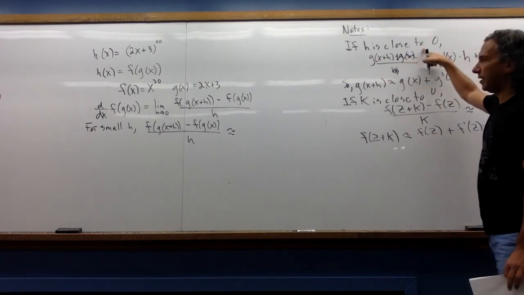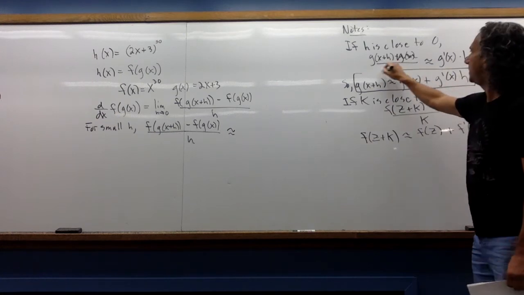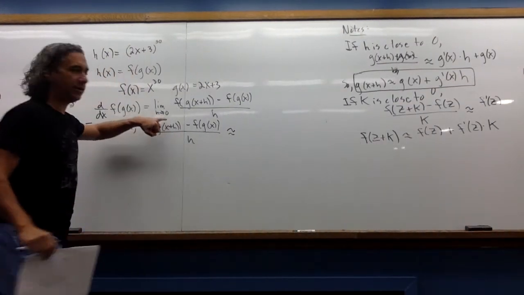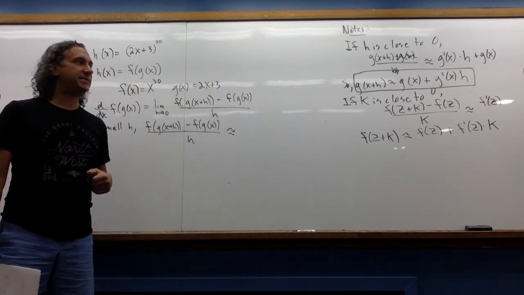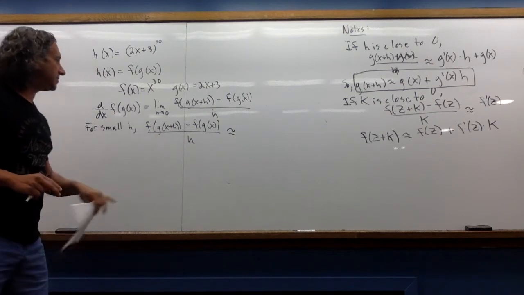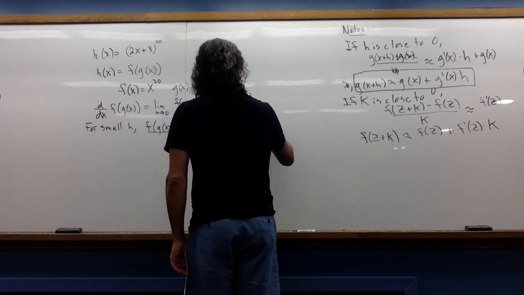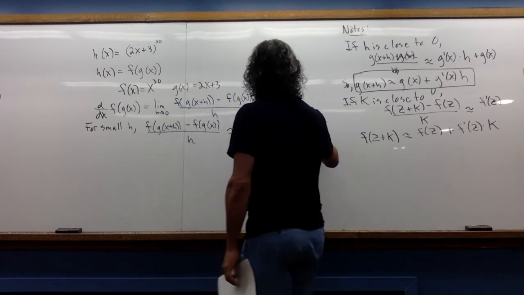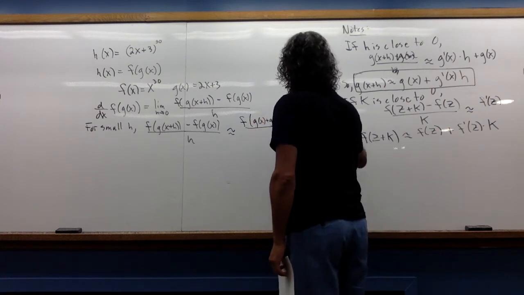If h is close to 0, then we have this result. So this g of x plus h that I see here, I can substitute the g of x plus g prime of x times h from over there. So this guy is approximately f of g of x plus g prime of x times h minus f of g of x all over h.